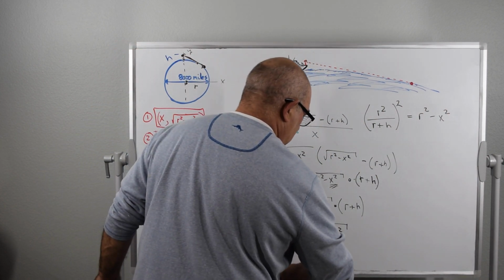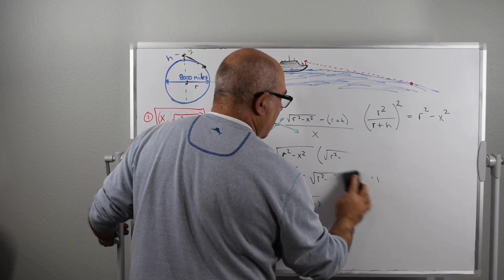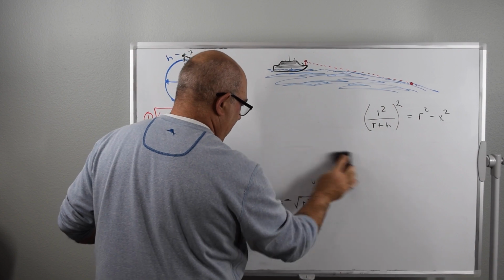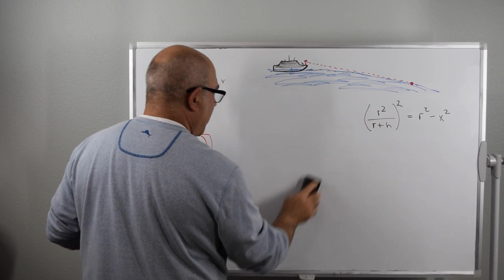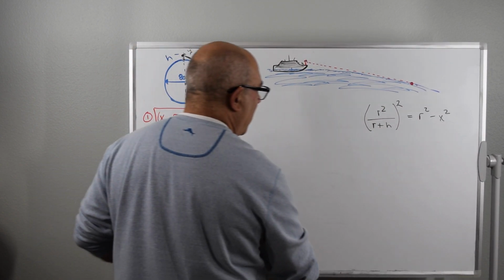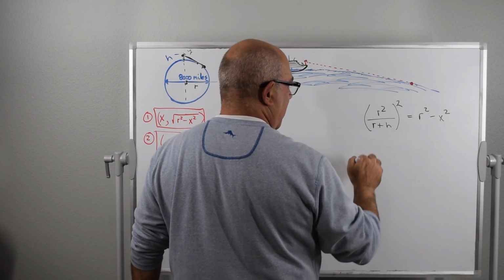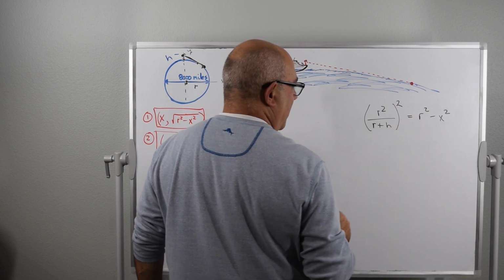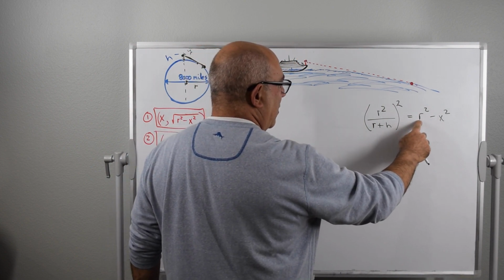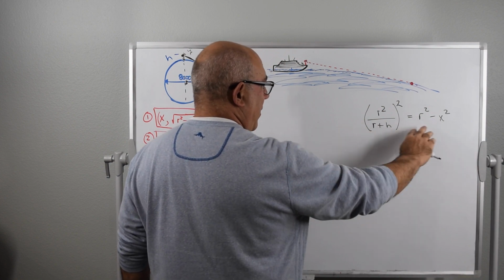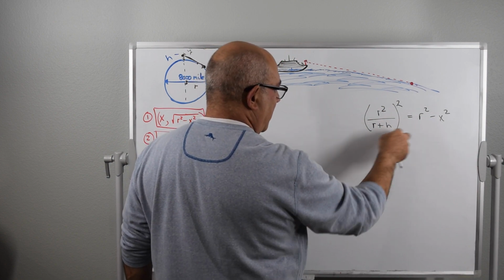I'm going to erase this, give us some room. Okay, and I'm going to continue. All right, so now what we have to do is bring this over to the other side and then get rid of this minus 1. So if we subtract r squared from both sides and then multiply that by minus 1, it's just going to flip what we subtracted over.